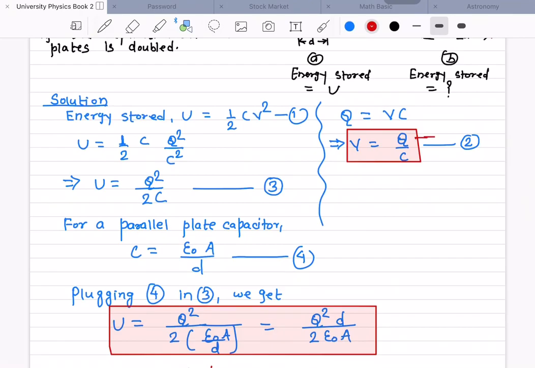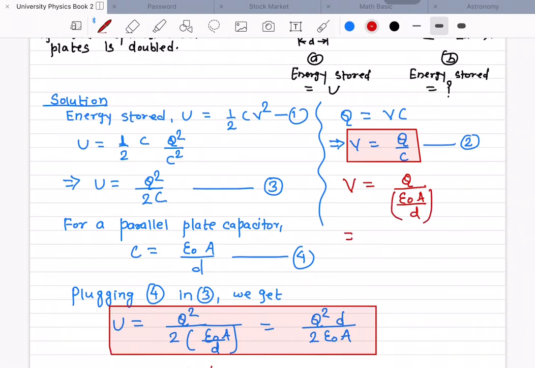The charge remains constant. The charge is not changing. But what happens to the capacitance? Let's write it down here too. V is equal to Q over C, the capacitance value, which as you can see from here is epsilon naught A over D.